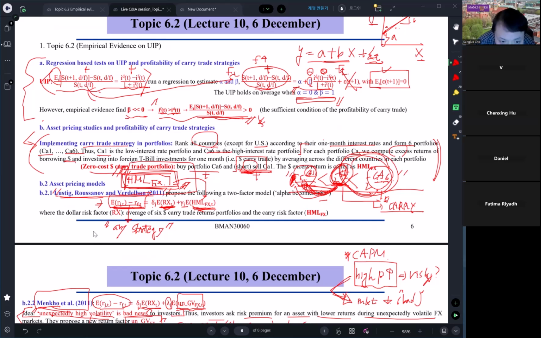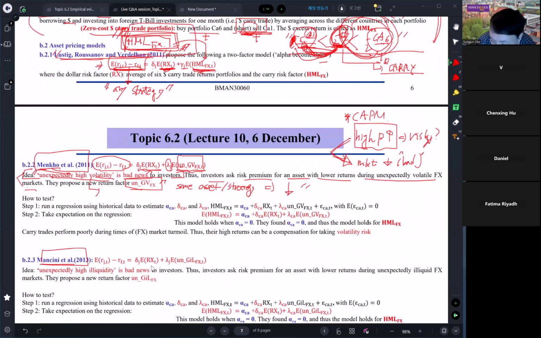So we have historical data. We put that in the left-hand side. And then we have the average return of CA1, CA6 every month, so we have historical data for RXT. And we need to assume one thing here. This is the return factor.